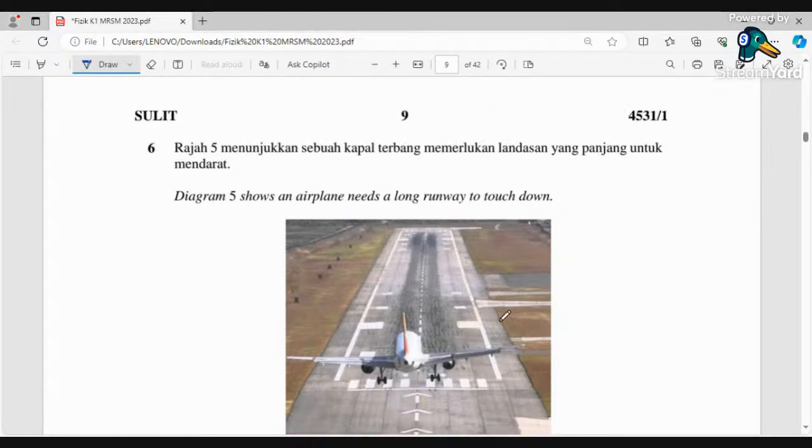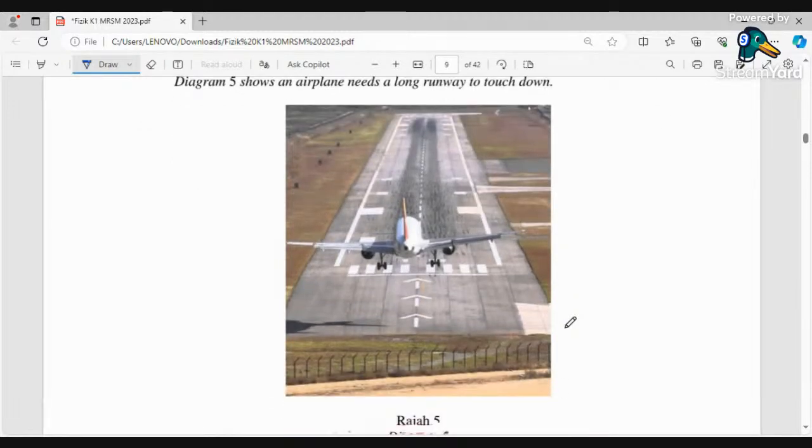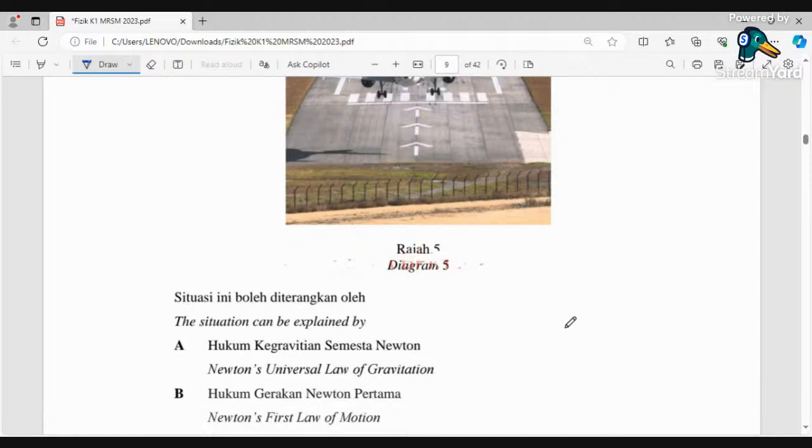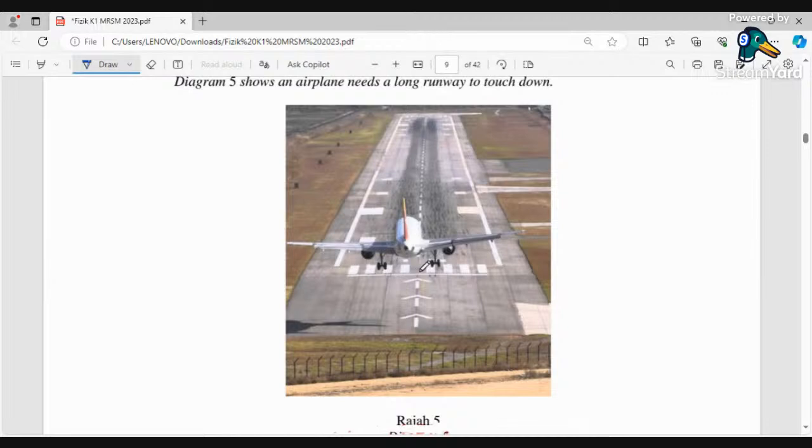Okay, number 6, airplane needs a long runway to touch down. The situation can be explained by, means that when it touches the ground, it should stop already, correct or not?